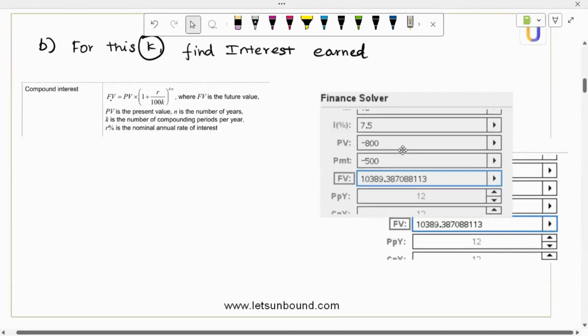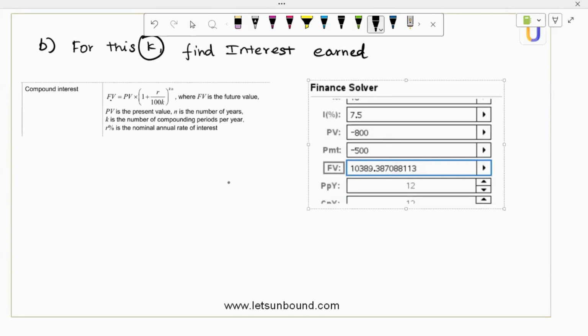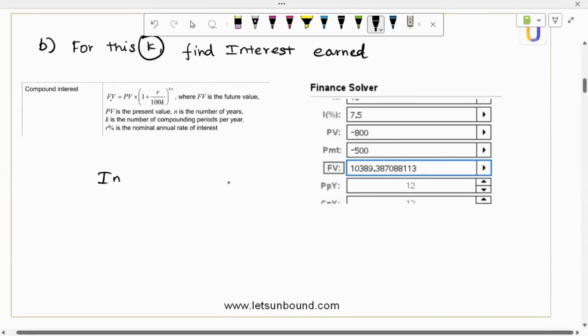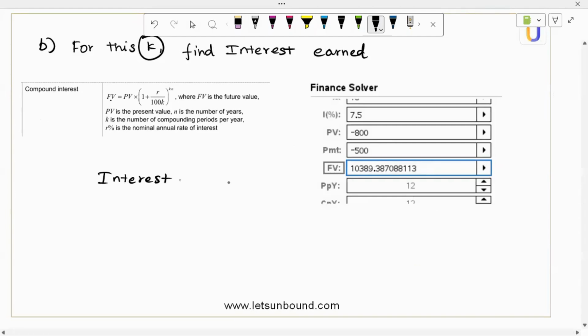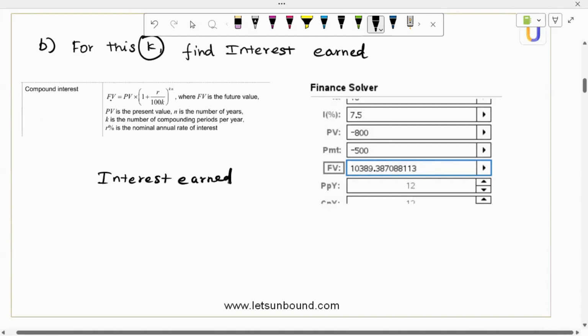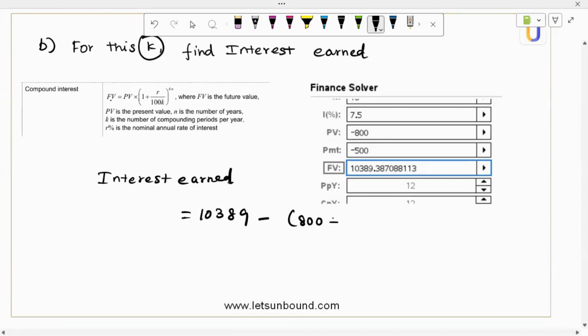So future value we got, and interest earned is the future value minus how much I invested. Each month 500 and initially 800. So the interest earned is 1389 minus 800 plus 500 times 12.